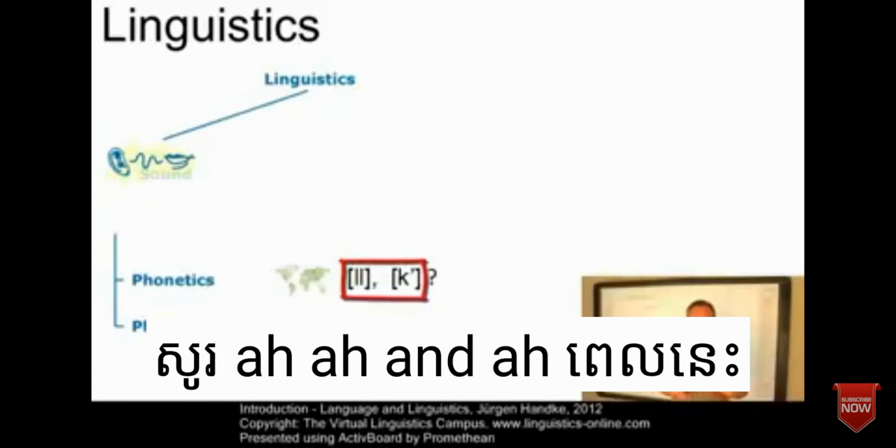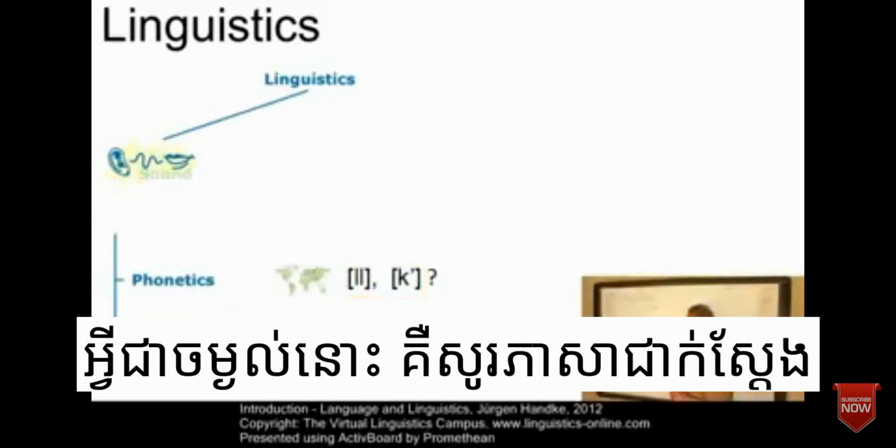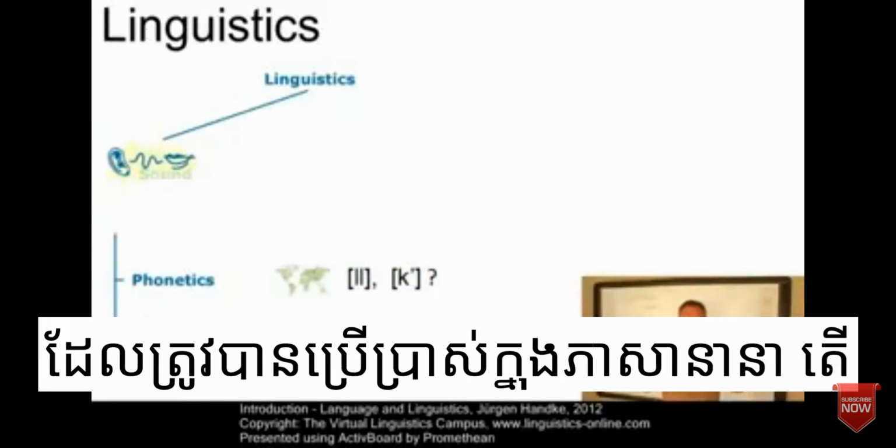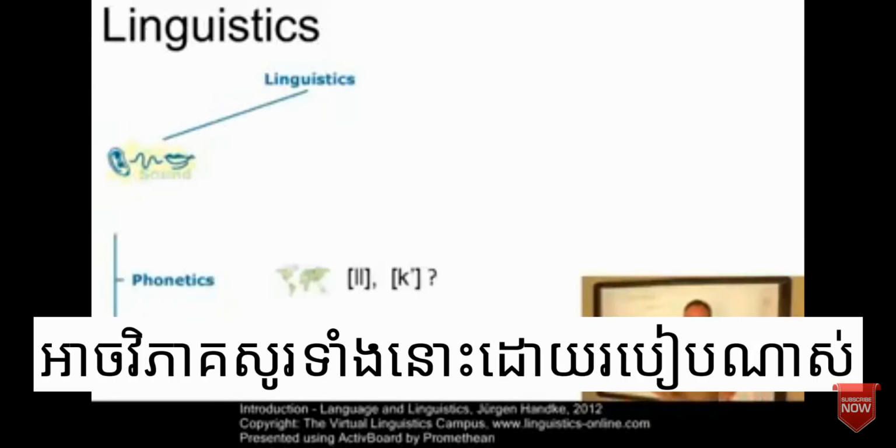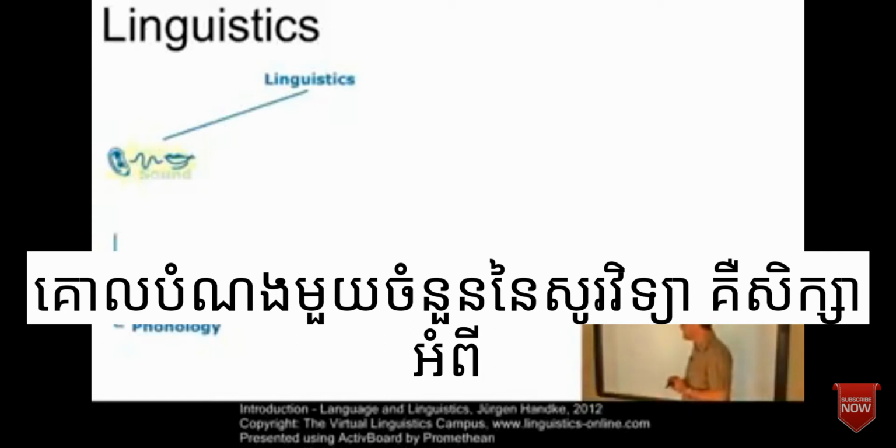Now the question is, are these real speech sounds? Are they used in any language? How are they produced? How are they perceived? How can they be analyzed acoustically? These are some goals of phonetics, the study of human speech.